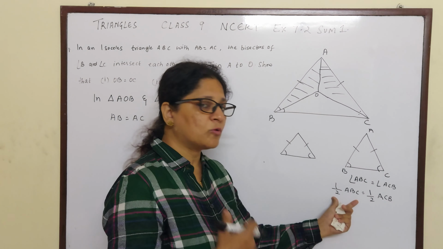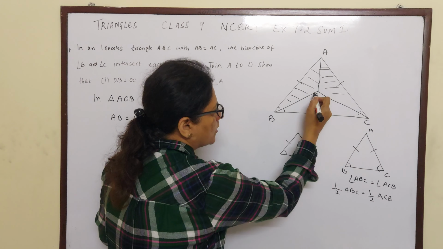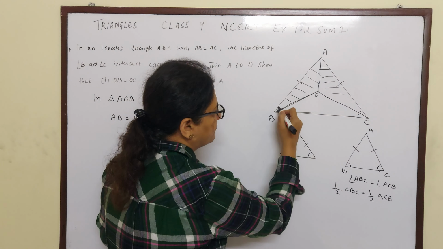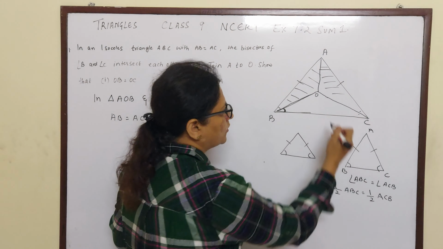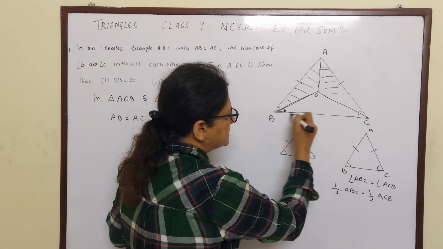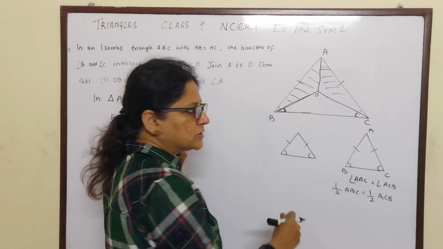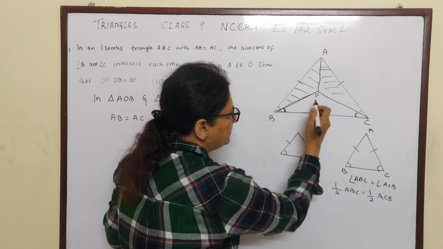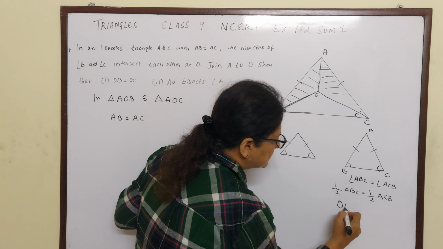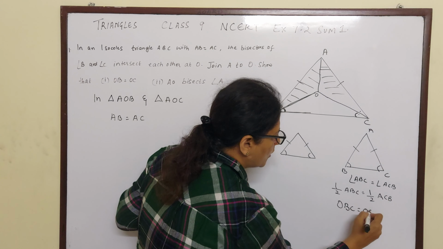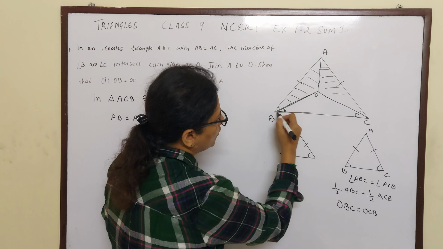Now you have to find out what is half of ABC. Half of ABC is OBC. So you are taking only this. In the same way, what is half of ACB? Half of the full ACB is OCB, this part. So you can say OBC is equal to OCB. Okay, so let us consider this triangle OBC.